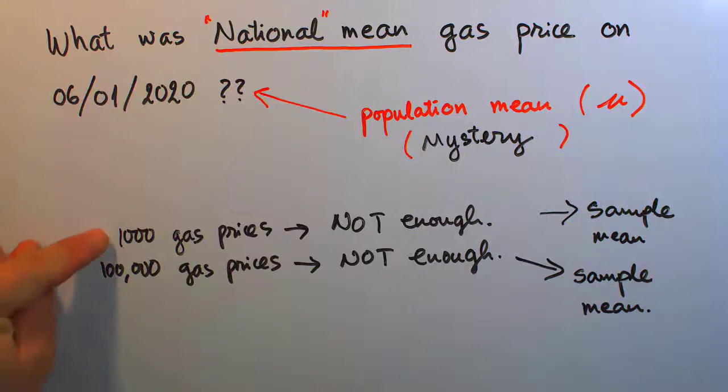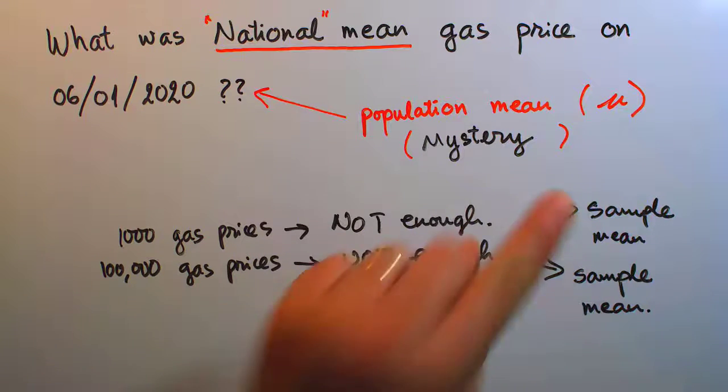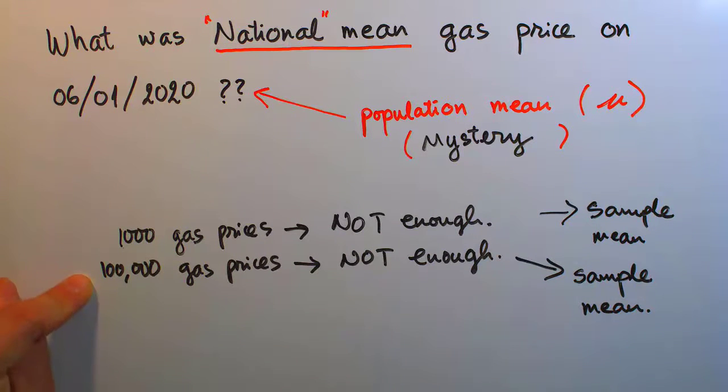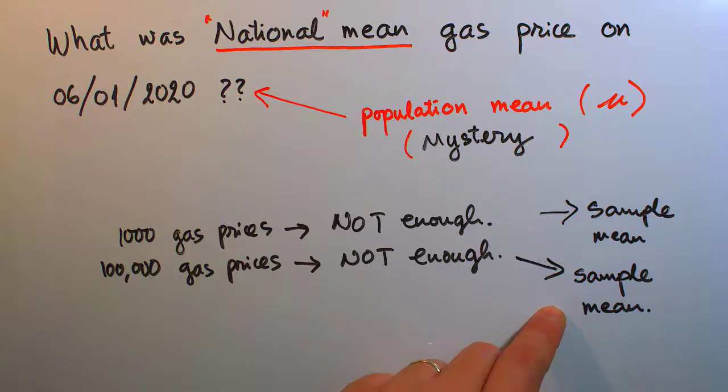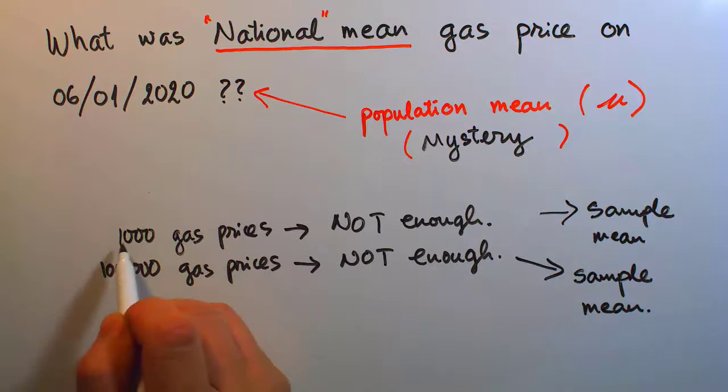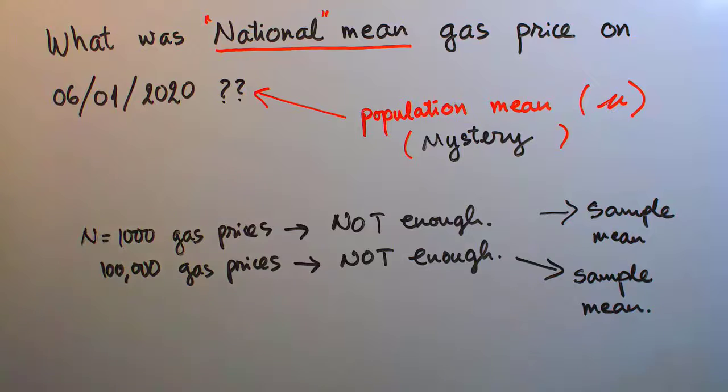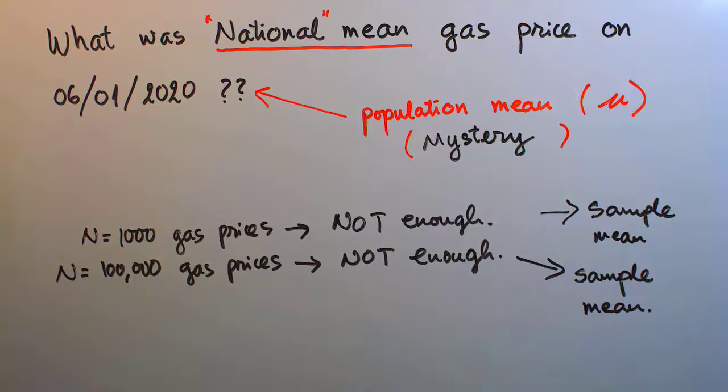So the mean value coming out of 1,000 gas prices remains a sample mean. You might spend a lot more time and effort to find this many gas prices throughout the entire United States, but sadly you only end up with a sample mean. With 1,000, sample size n equals 1,000. Even with 100,000, sample size n equals 100,000.